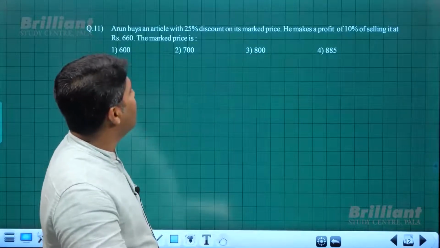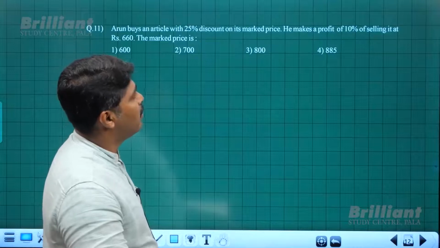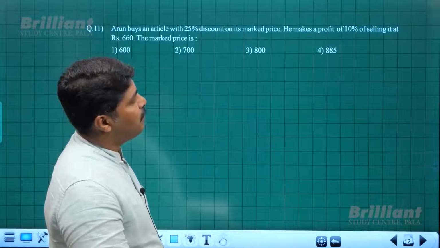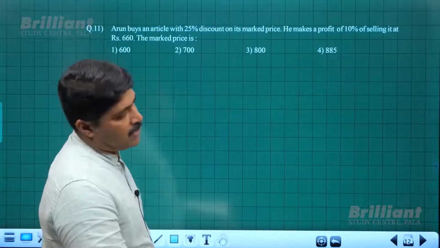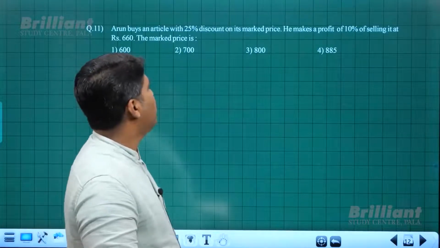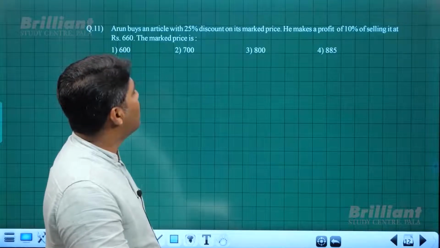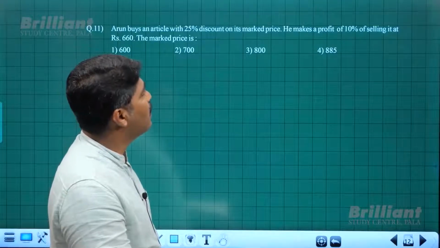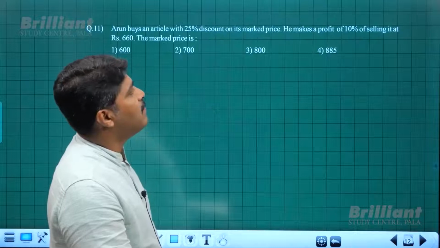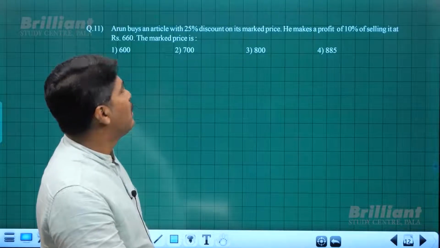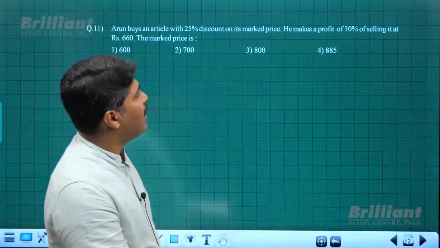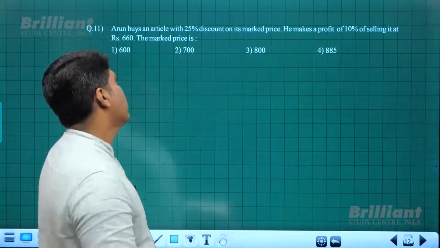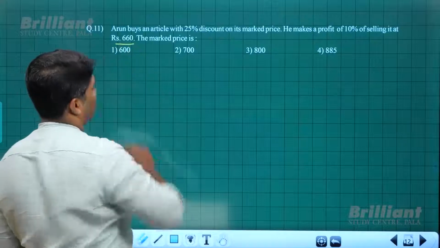Arun buys an article with a 25% discount on its marked price. He makes a profit of 10% on selling it at rupees 660. The marked price is? So how can we connect it? We start from 660.